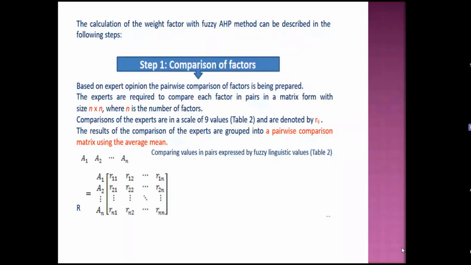The results of the comparison by experts are grouped into a pairwise comparison matrix using the average mean. The procedure is simple: we take the average mean of all the responses we get from the experts, and the software does the comparison itself.